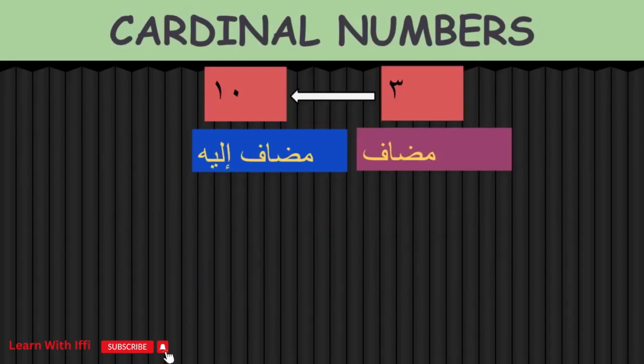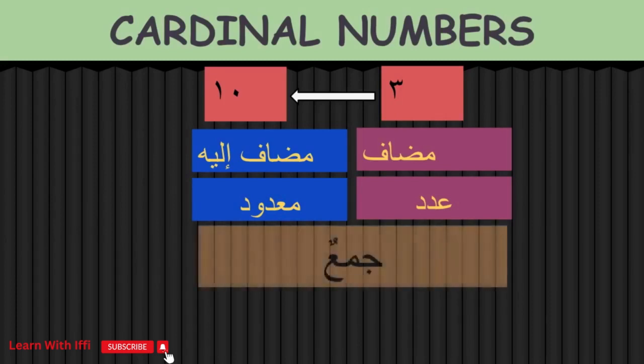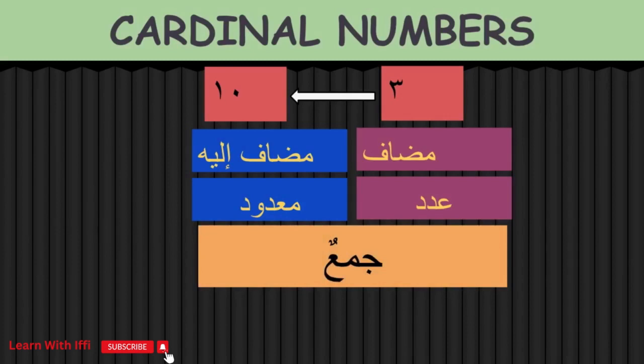From 3 to 10, we know the relationship is mudaf ilayhi, where the number comes first. That's the difference here: the number comes first, like thalathatu aqlamin. Here the adad and ma'dud are in different genders, the adad comes first and the ma'dud next, and the noun is always in plural form.